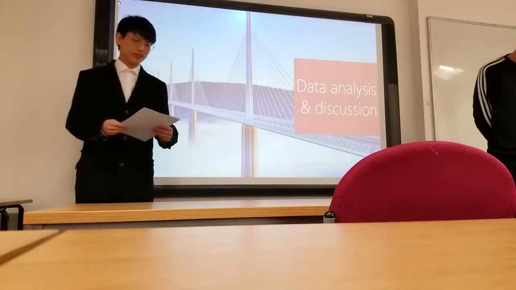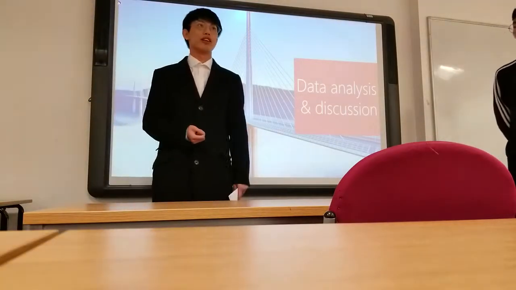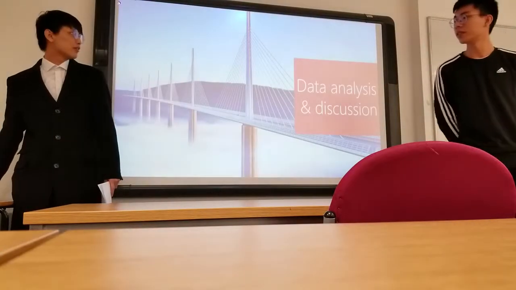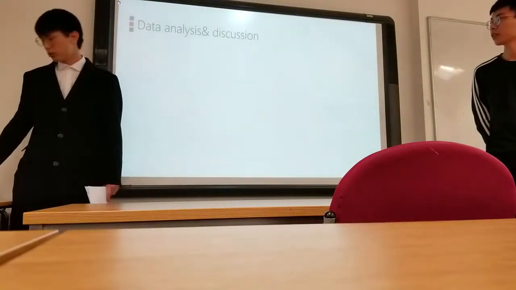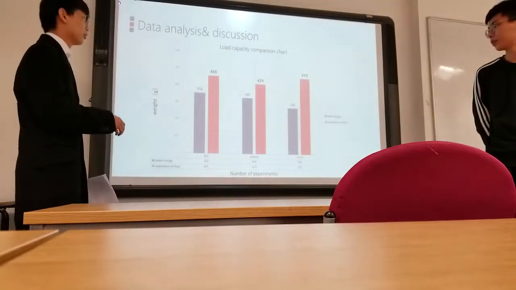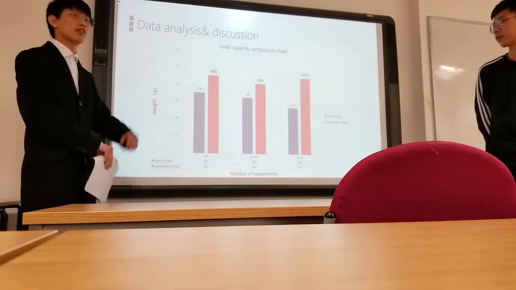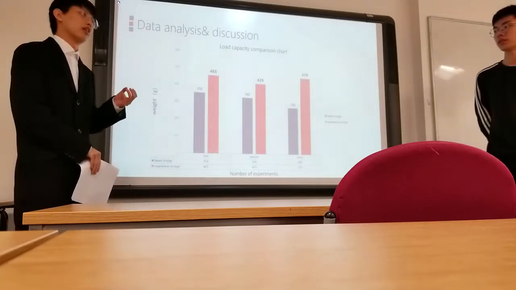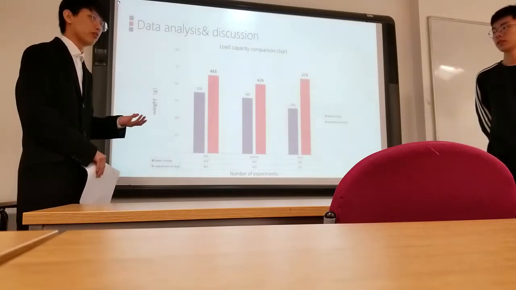Okay, I'm Turing. Then let me analyze the data and the conclusion. After the experiment, we counted the data and put it in the table. We can find that the data is fluctuating, so we need to take the average as the experiment result.